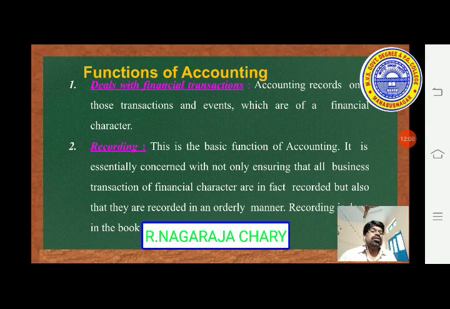What we discussed in the definition indicates that only financial, monetary transactions are to be recorded in the books of accounts. Whichever are not monetary transactions are not to be recorded. So the main function is to record only monetary transactions. That is the first function.